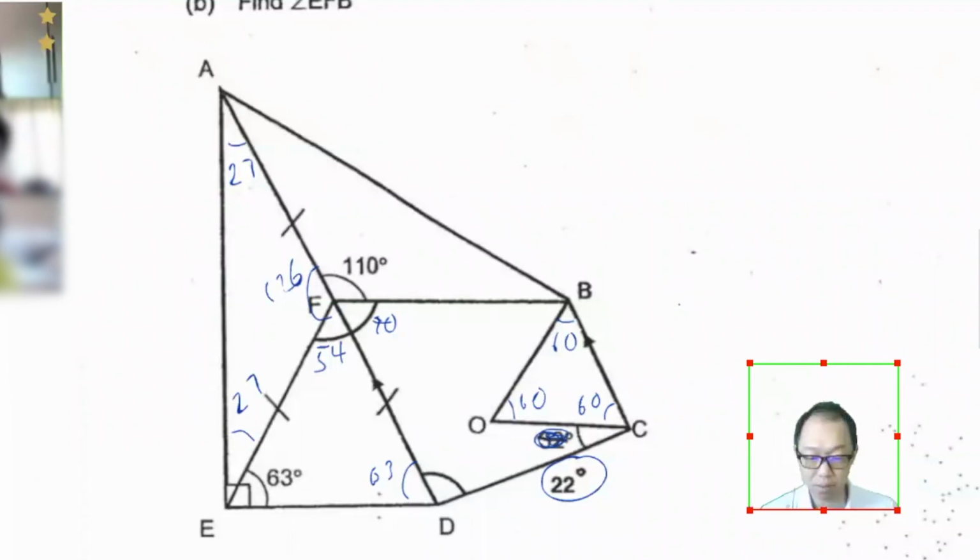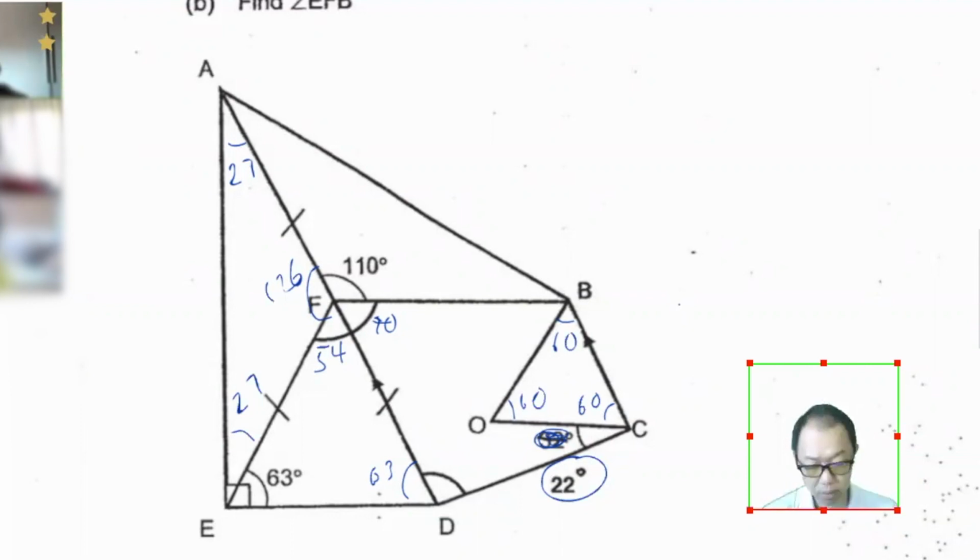Okay, so first one, find angle FDC. So FDC, okay, how do I find that? FDC, 60. 22 minus. Okay, 70, 60. What else can I find?